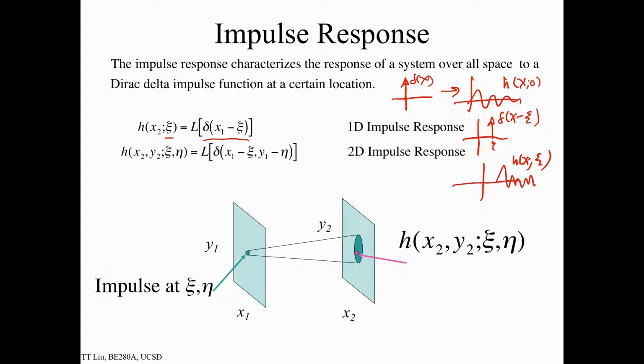And so in general, we're allowing the impulse response to vary as a function of the input location of the delta function. So we're keeping things fairly general at this point. For a 2D system, the impulse response is located at xi, eta, and for each of those possible locations of the delta function, we could have a different impulse response.